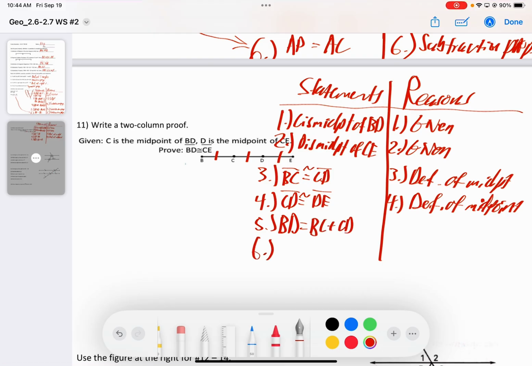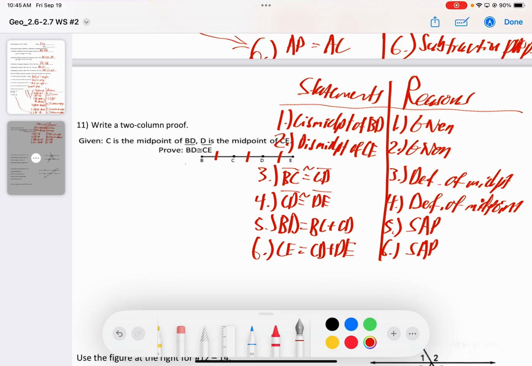And then you also said that CE is equal to CD plus DE. Okay, we're almost there. So 5 and 6 were segment addition postulate. Okay, so now we're caught up with where Ryan was.